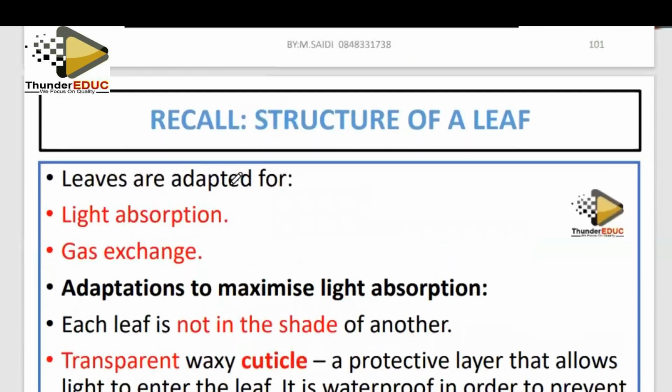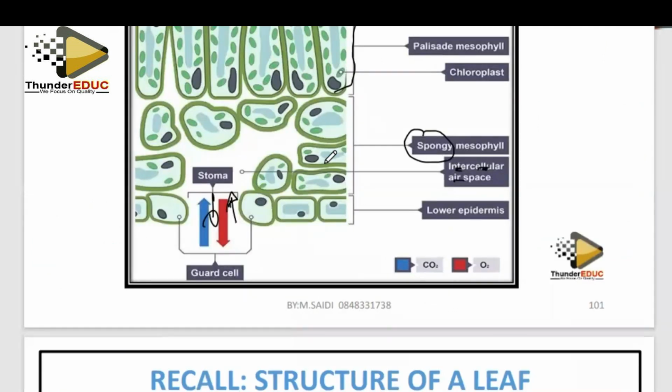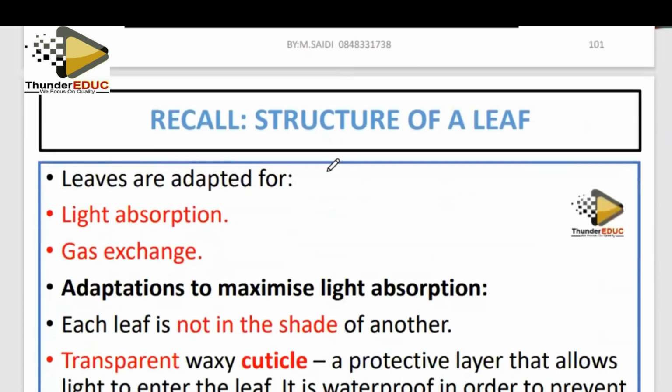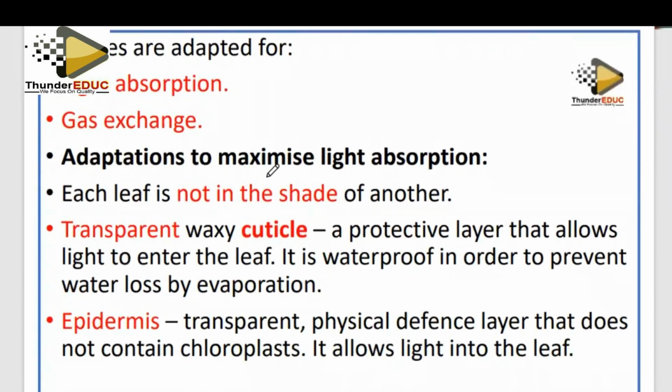In other words, the upper part of the leaf is responsible for trapping maximum light, while the lower part of the leaf is responsible for trapping gases. In this case, we are looking for carbon dioxide, because carbon dioxide is needed in the process of photosynthesis.